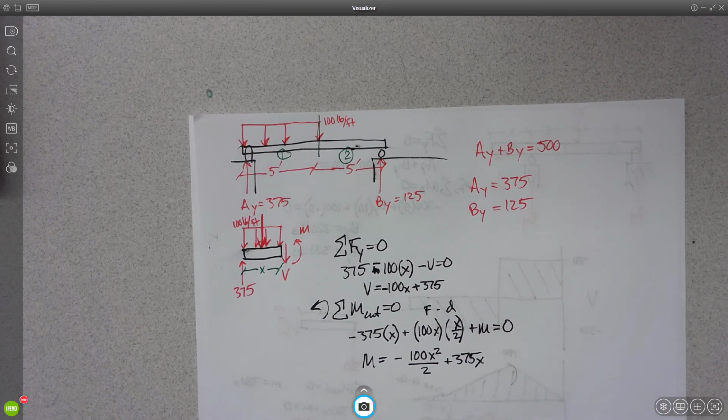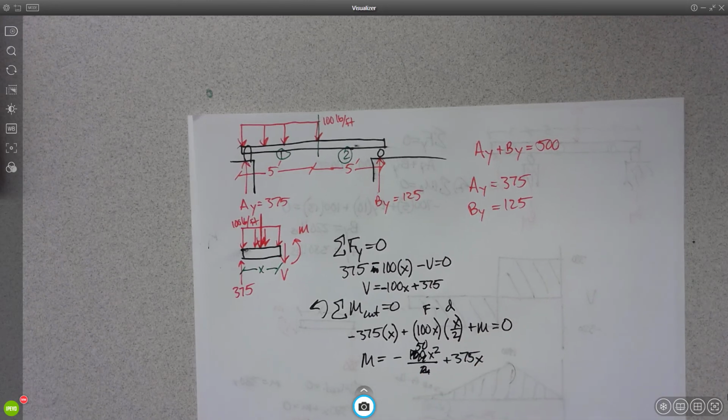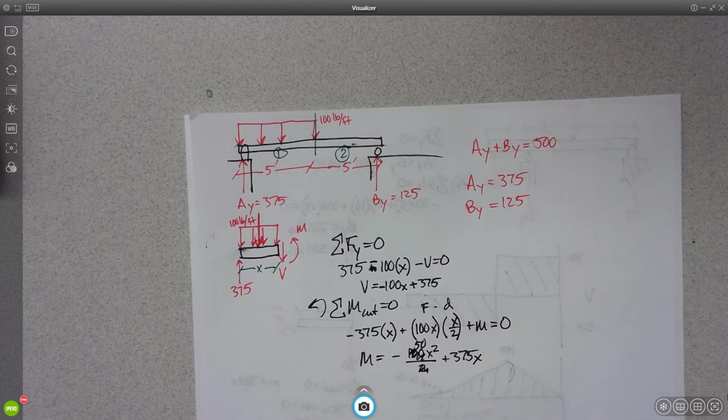The 100 over 2 does simplify, yes. Thank you. It's 50. Negative 50x squared plus 375x. Is that a straight line? It sure ain't a straight line. Okay?